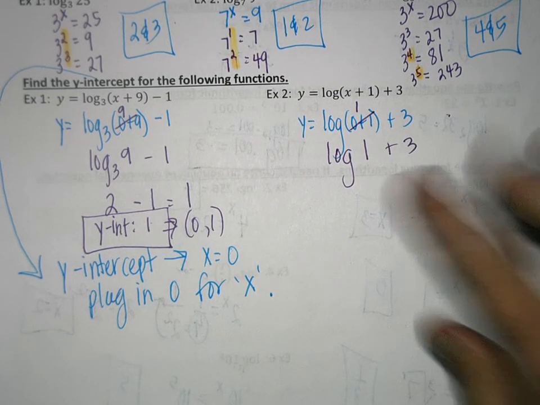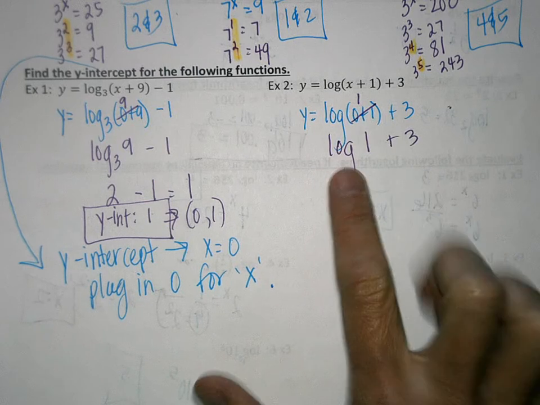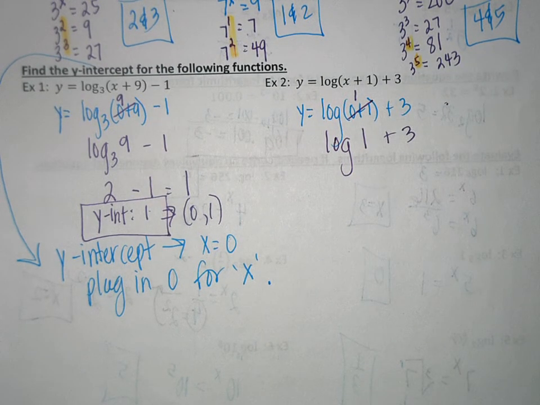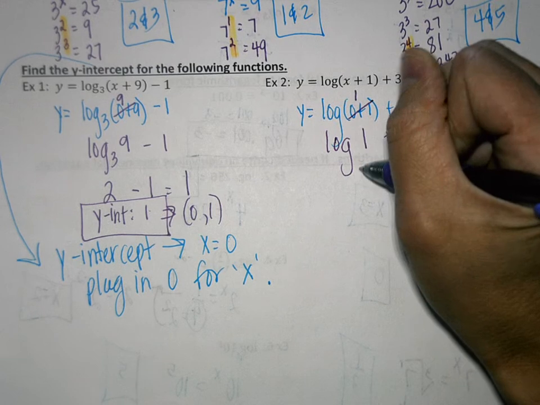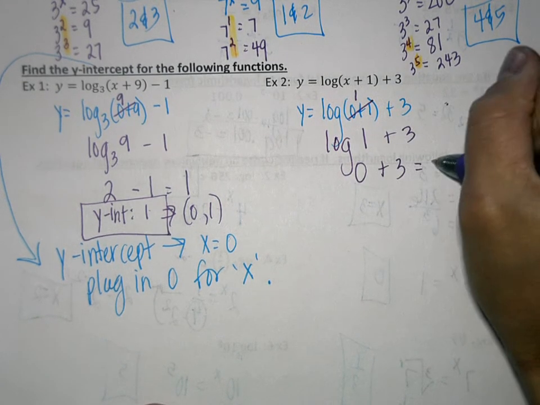So 10 to the 0 power equals 1. If this had been a 5, 5 to the 0 power equals 1. So anytime you have log of 1, no matter what the base is, the answer is always going to be 0. So we have 0 plus 3, and 0 plus 3 equals 3.